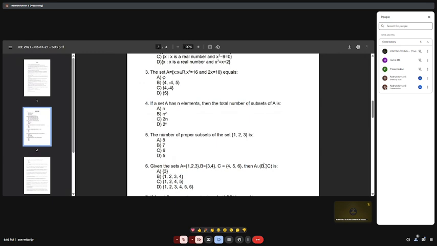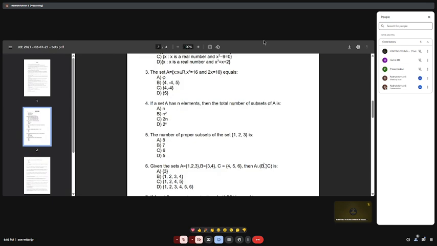Now let us do some calculations. So given that A equal to 1, 2, 3, B equal to 3, 4, and C equal to 4, 5, 6, then can you calculate A union B intersection C? Do you know how to do this? Calculate the intersection and union.